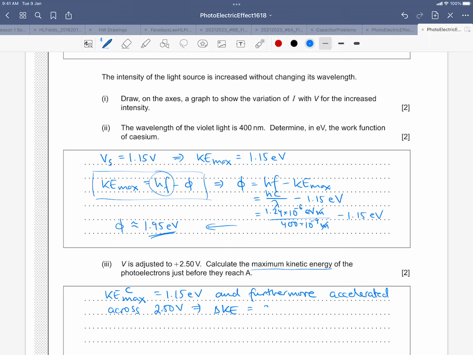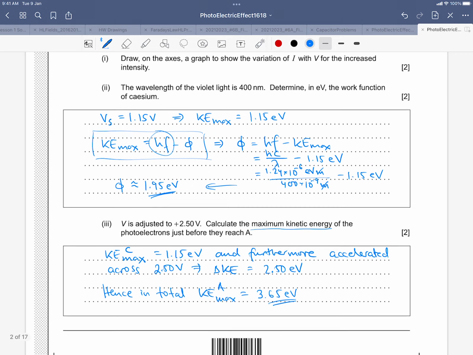That is 2.5 eV, right? Charge of the electron times the accelerating voltage. So in total, hence, the maximum kinetic energy at the anode is the sum of those two, 3.65 eV. Okay.